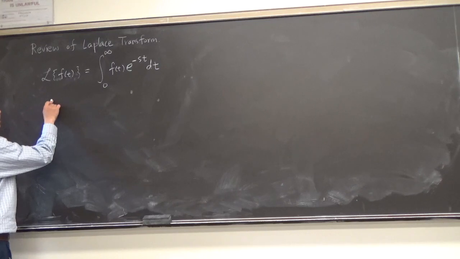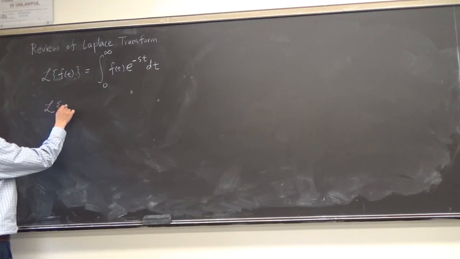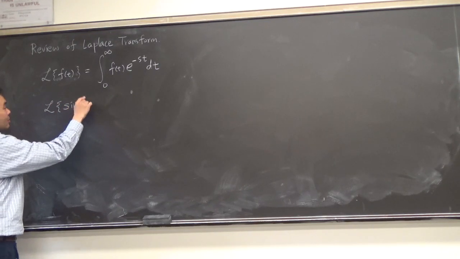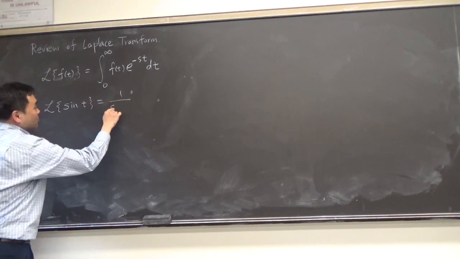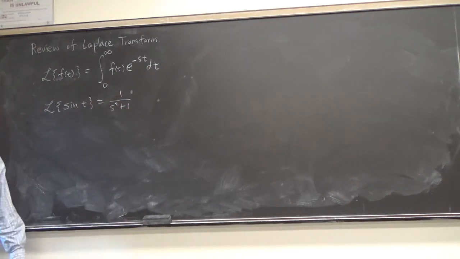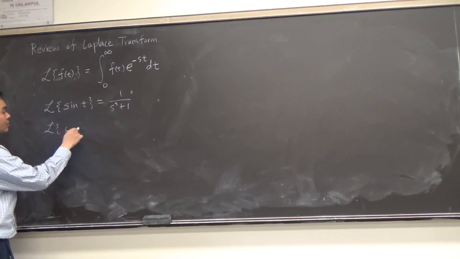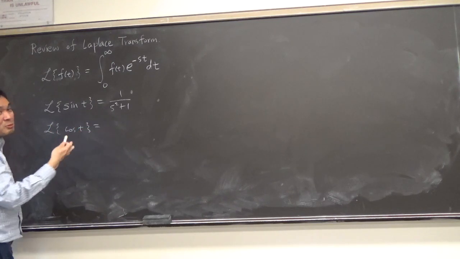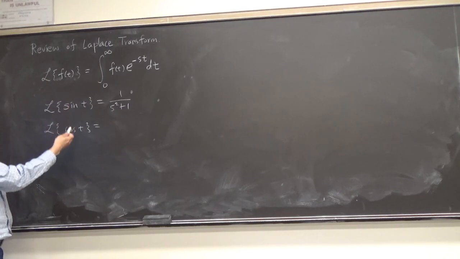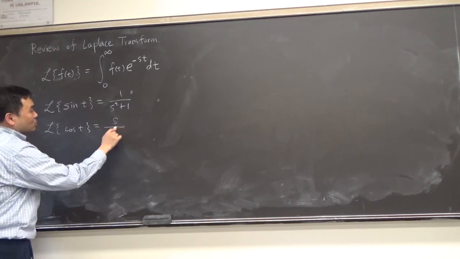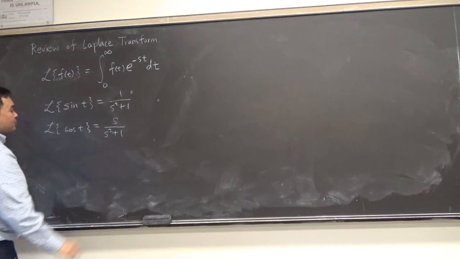We already tried Laplace transform of sine t, and we got this result. Now if you do Laplace transform of cosine t, it will be basically similar to what you have here. So it will be s over s squared plus 1.